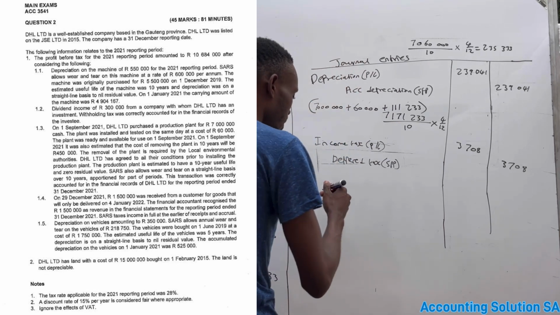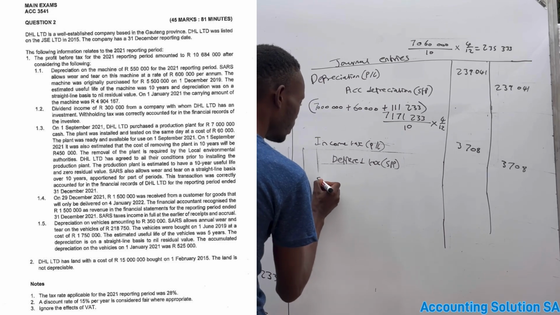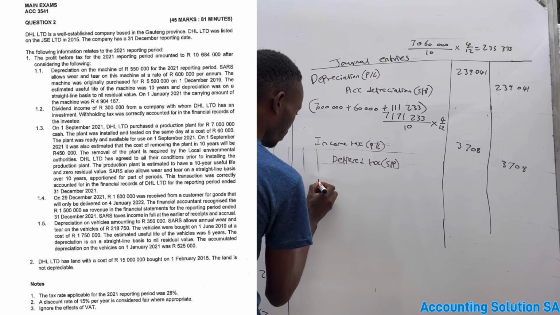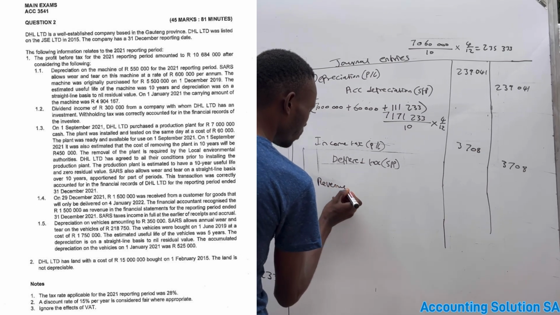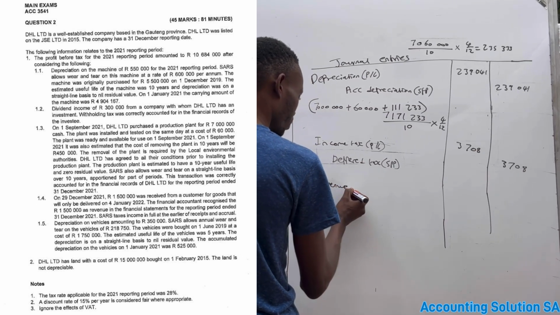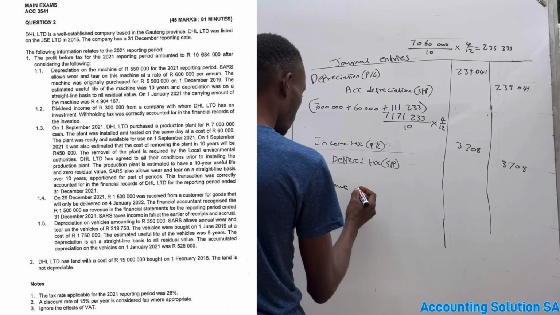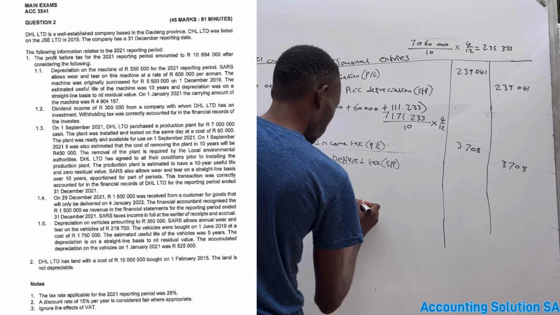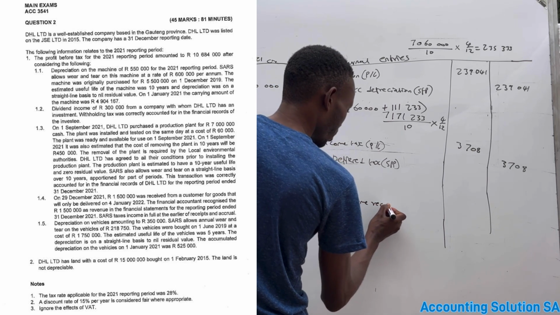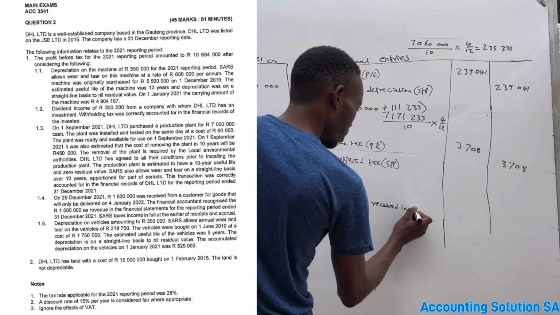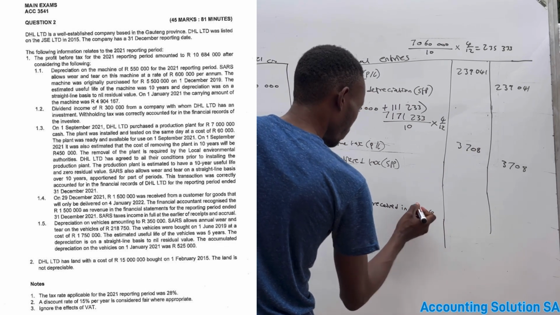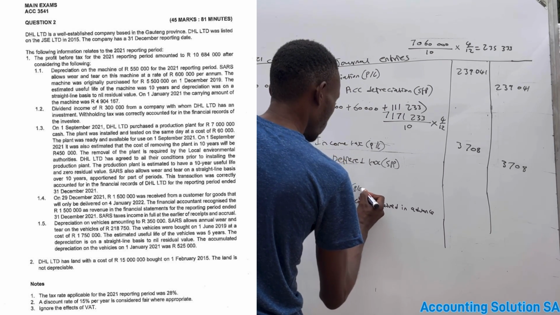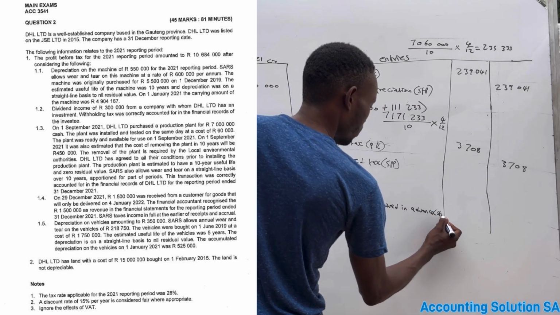So how do we cancel it? We cancel it by debiting revenue in P&L and crediting income received in advance in SFP.